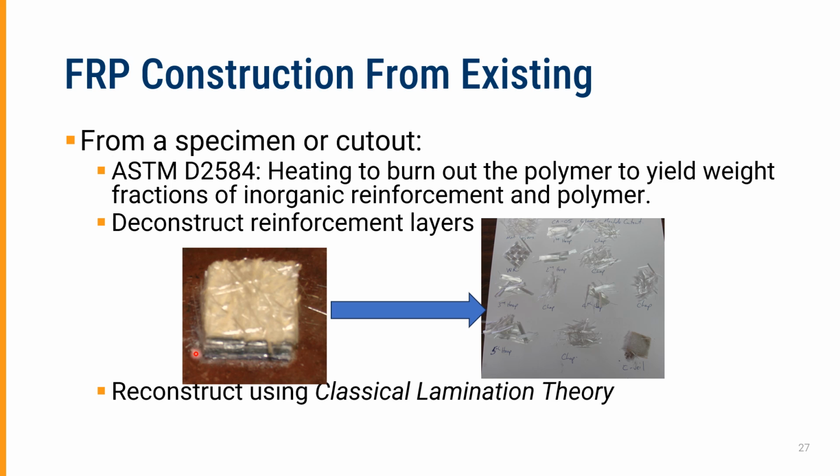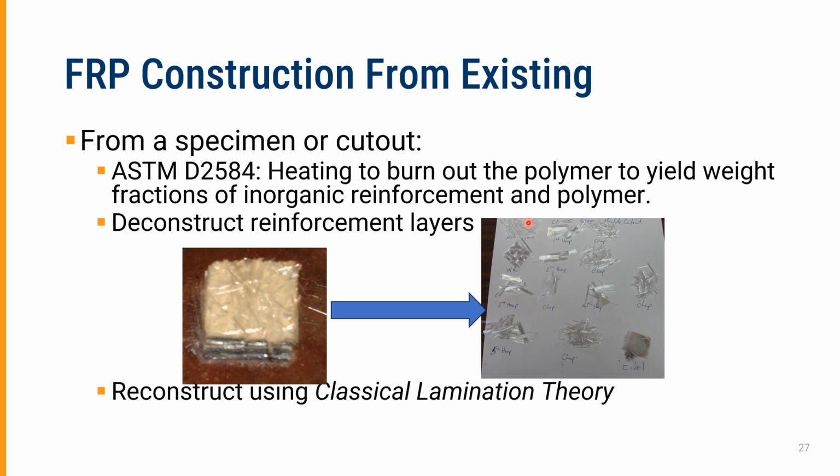So here's an example of a piece that has gone through the ignition burnout stage, and we can separate it typically by layers, because each fabric keeps itself within the layers.